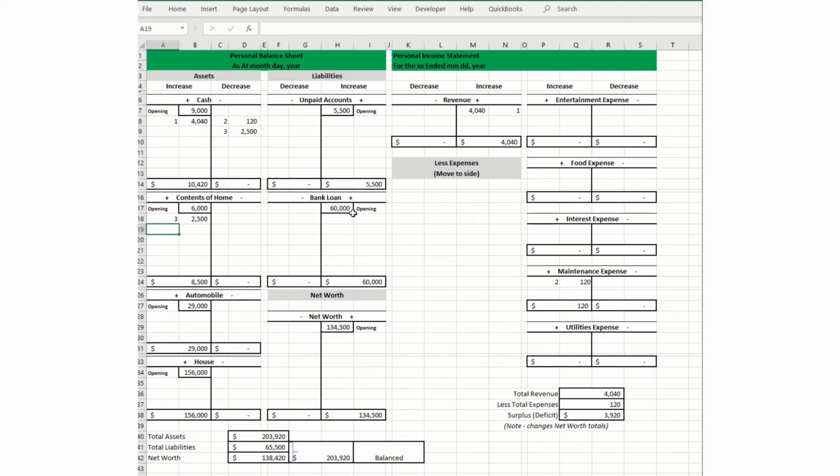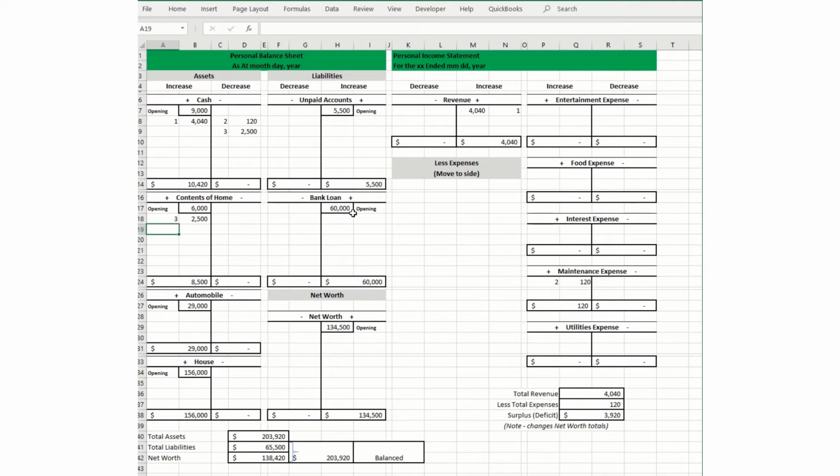Is it to buy something that has a longer lifespan, therefore considered an asset, or is it a true expense? If you were buying a box of pencils, I would suggest that that's an office supply, something that you would consume and therefore be considered an expense. In this case, because we bought new furniture, the hope is that furniture lasts you for many years. We will consider that as contents for home. Some of you may ask, what about depreciation? Assets lose value over time. Yes, that's true. We deal with that in a later chapter. Okay, so park that thought.